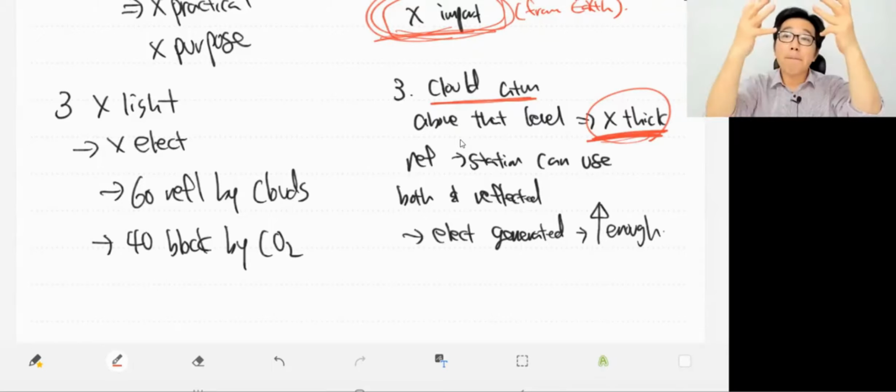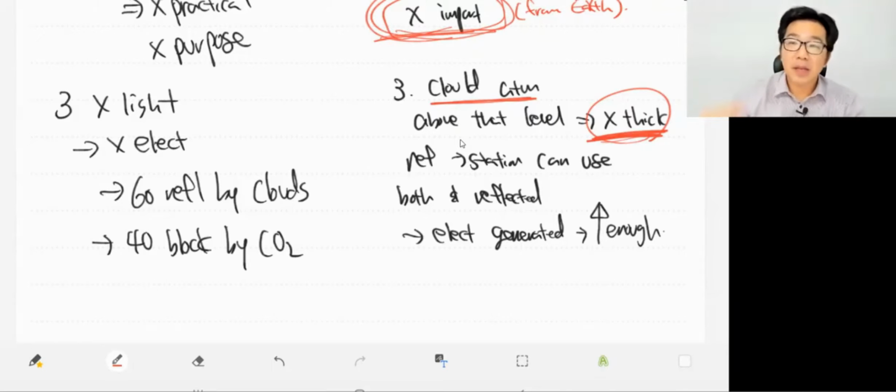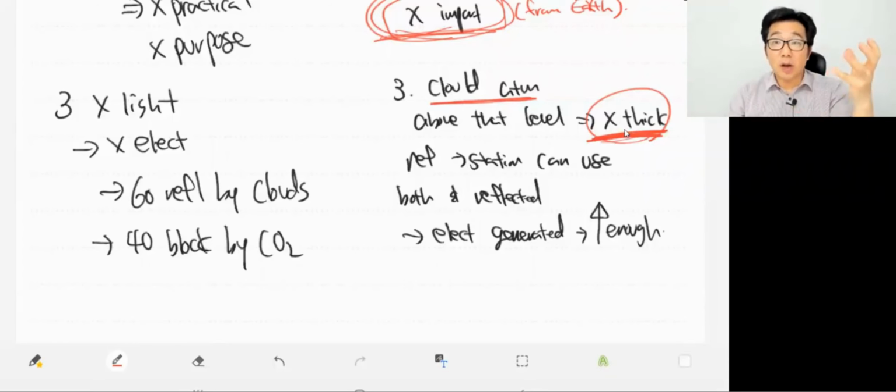But if you go higher up in the atmosphere, the cloud will not be that thick, which means less sunlight will be reflected away. More will be absorbed. Okay. And on top of that, more light will be absorbed rather than reflected away.